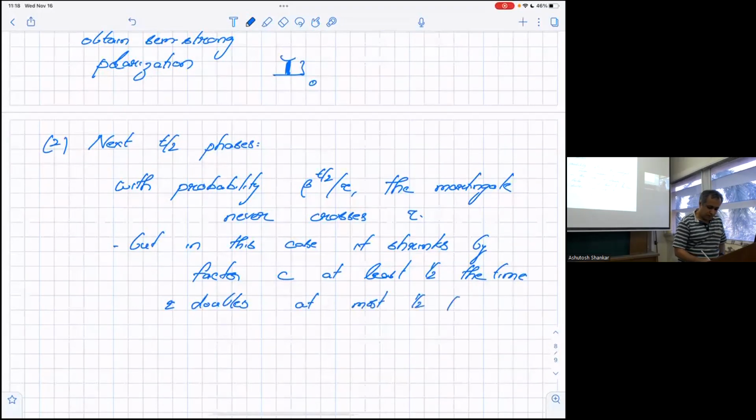Actually, exactly half. Our martingale is exactly half, because I put beta equal to half, that's all right. Both of them are exactly half, and hence you get this.